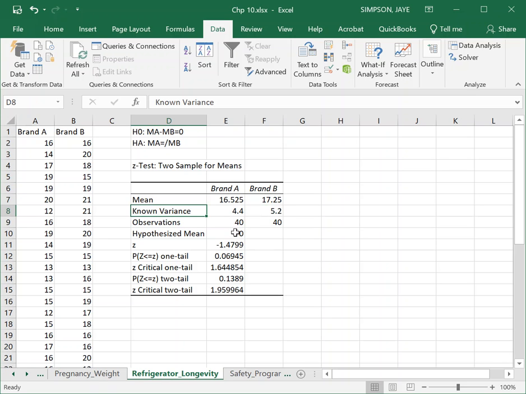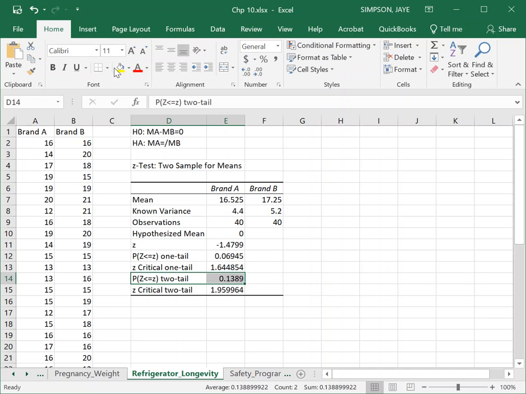So my test statistic, my z-score, is negative 1.4799. Now we could look this up in a z-table if we wanted to, but we don't have to because it gives us the p-value right here. Remember, this is a two-tailed test, so I'm looking at the p-value for the two-tailed test.